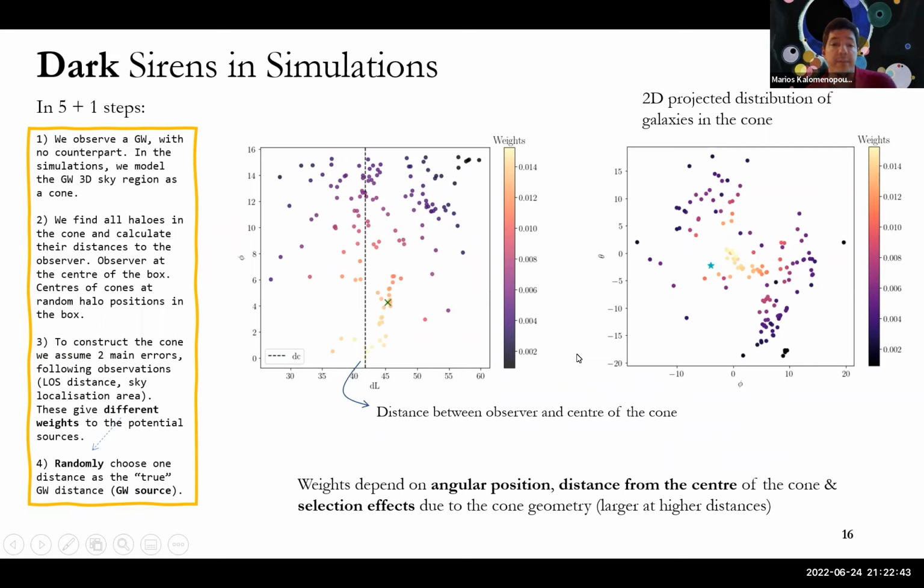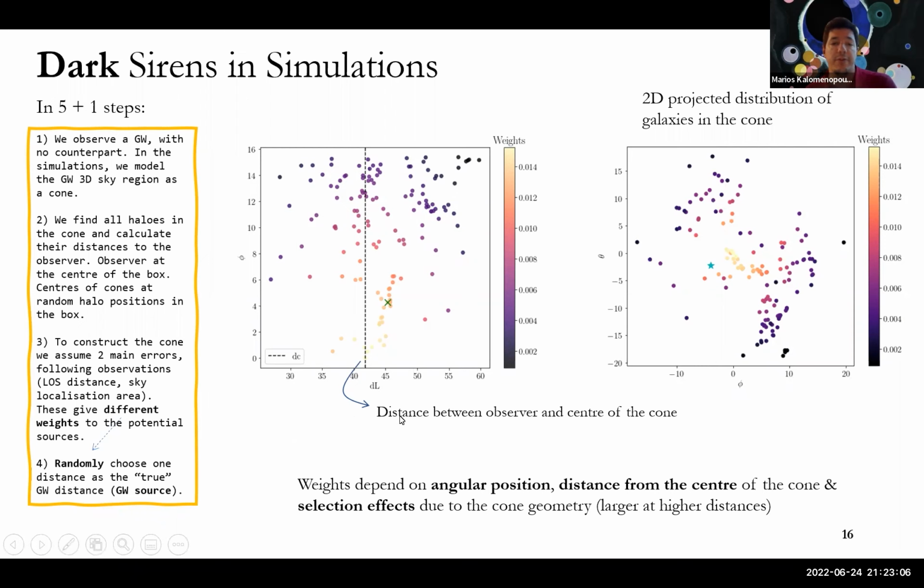Now that we have created this cone, as a first step we want to find which galaxy is going to be our true gravitational wave host. The way to do that is to include information about the position of the galaxies inside this cone.